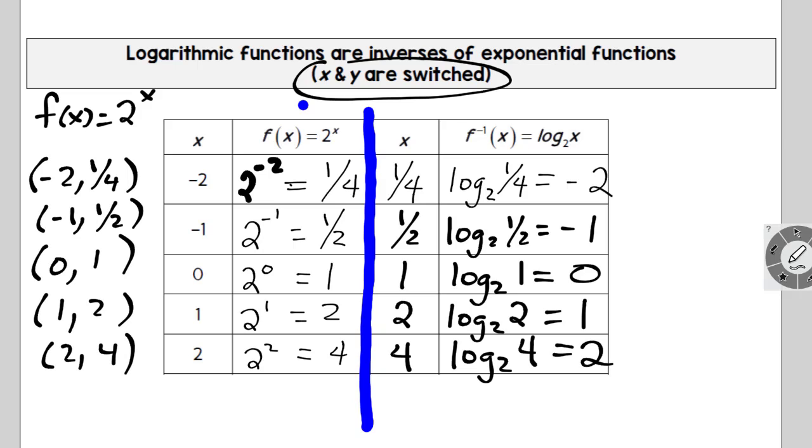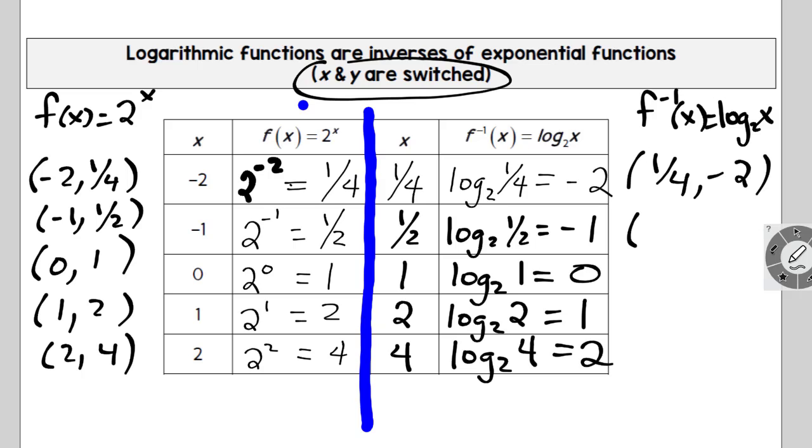Okay, but if I write the pairs for f inverse of x, we get what? 1/4, -2. What else? 1/2, -1.